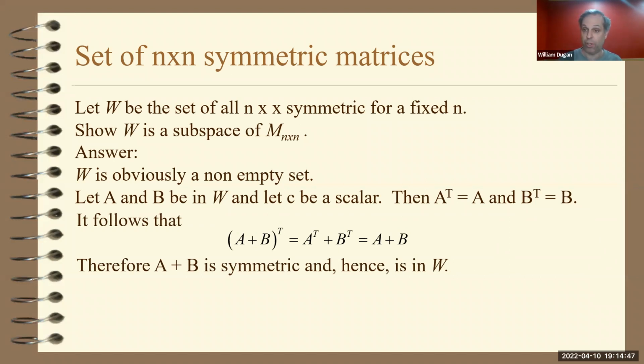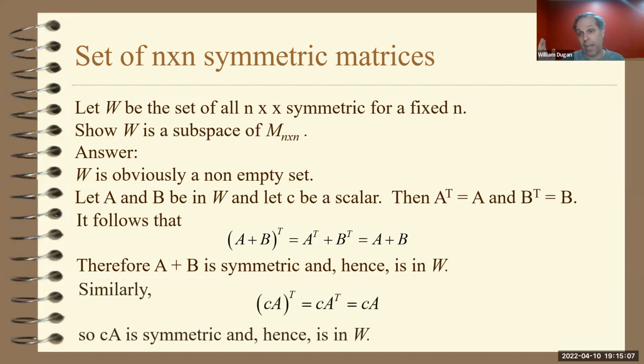So you get A transpose plus B transpose. But A and B are symmetric, so that means that's A plus B. So A plus B transpose is A plus B. That's the definition to be symmetric. So A plus B is symmetric and is therefore in the set of all n by n symmetric matrices.